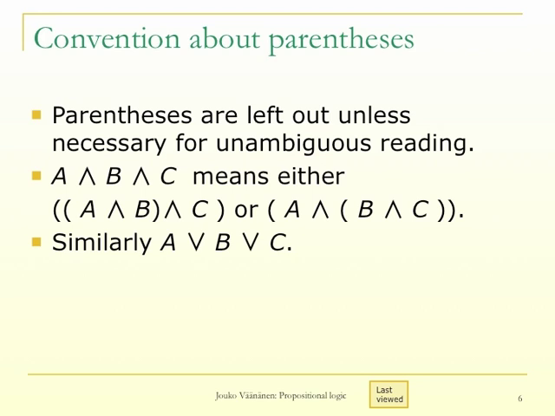The reason why it is usually not necessary to make a distinction between ((A and B) and C) and (A and (B and C)) is that when we learn to assign meaning to propositional formulas, we see that these formulas have the same meaning, which is, intuitively speaking, that A, B, and C are all three true.